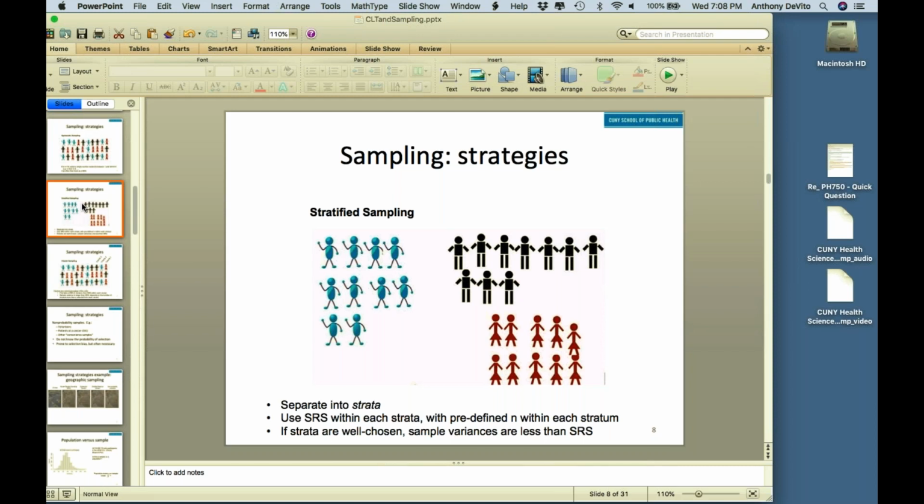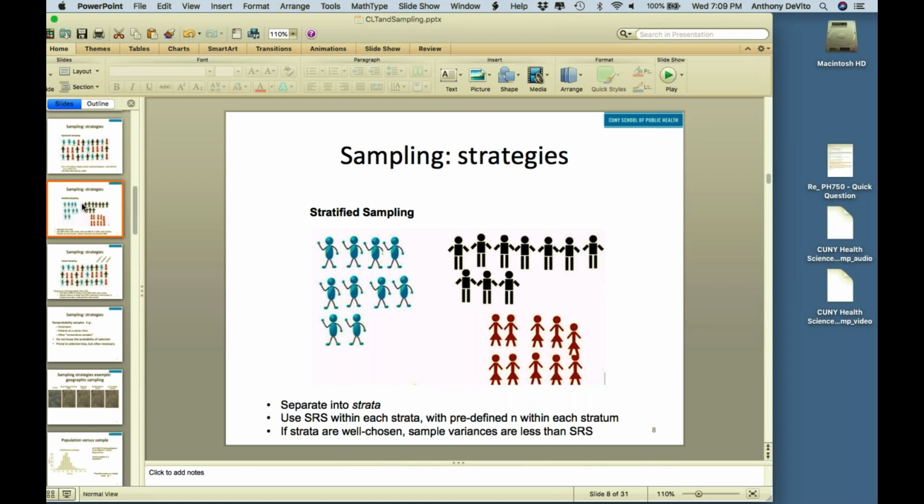And I may find that, gee, just from my random sample, I got too many people from Manhattan and not enough people from Staten Island. So you say, oh no, that could be a problem. I'm already biasing the study even after I've just started with my random sample. You might say to yourself, let's stratify this.